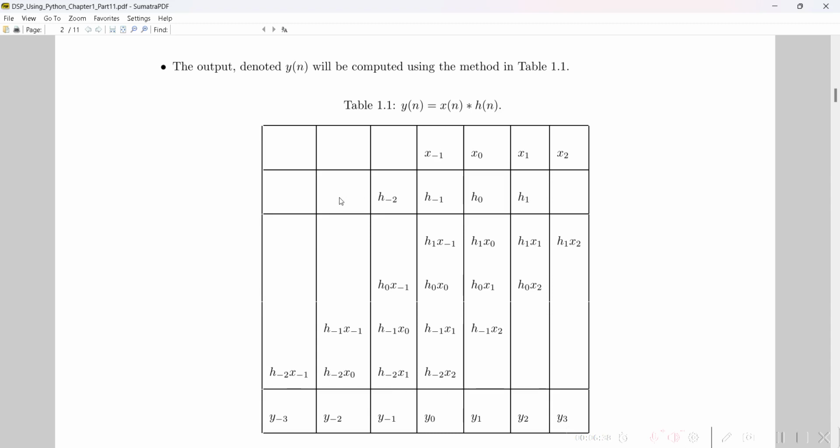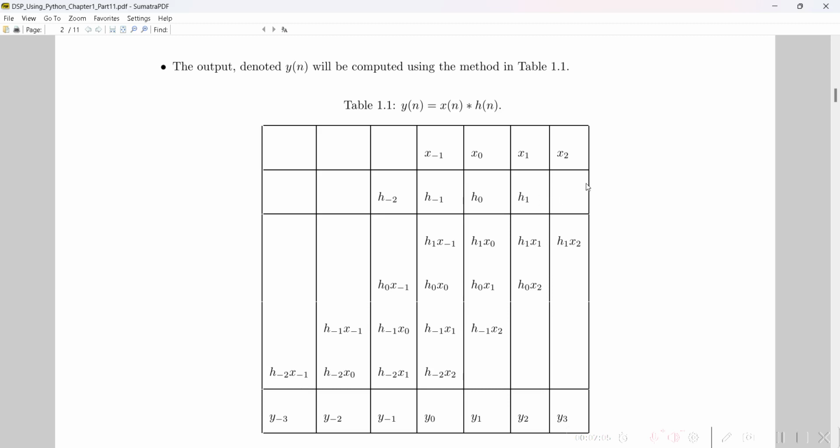What about the second row? We put the samples of the impulse response. But how? The rightmost index is 1, so it will appear below x1: h1.